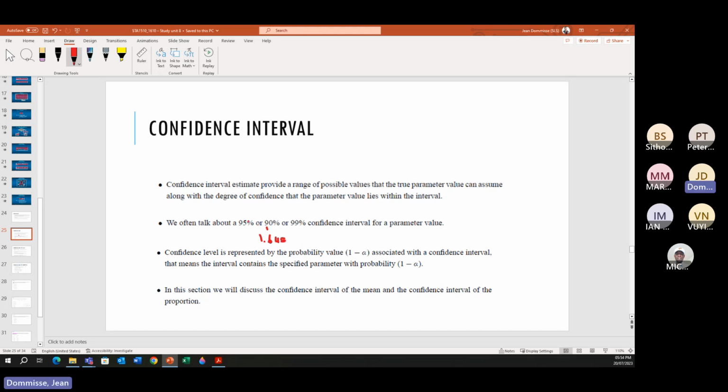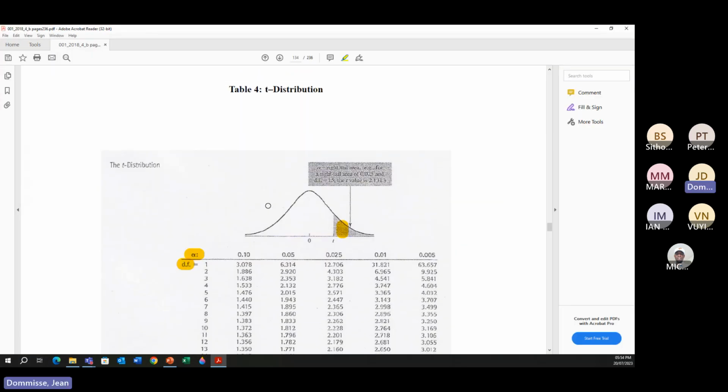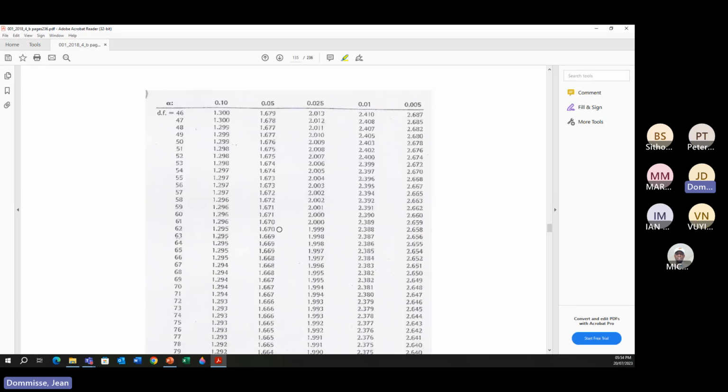When it is 95%, it is 1.96. And when we look at your 99% confidence interval, it is 2.58.